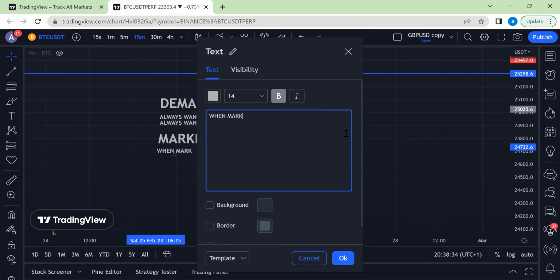When market structure is uptrend, then demand is in control, and you want to trade more from demand zone, DZ.